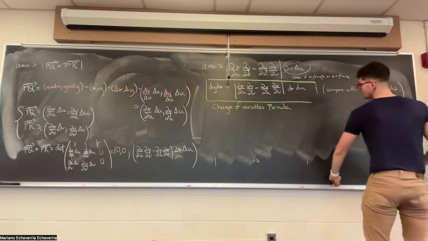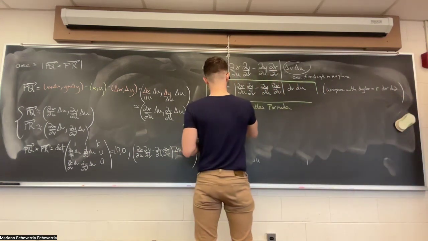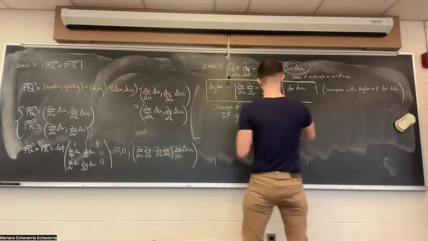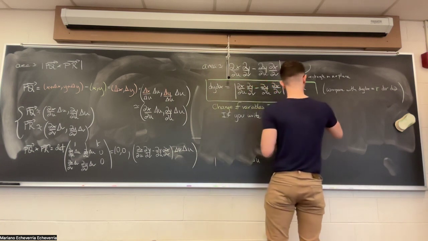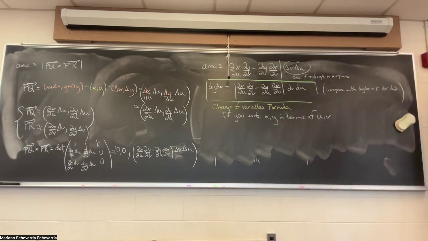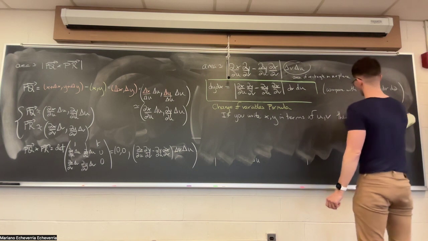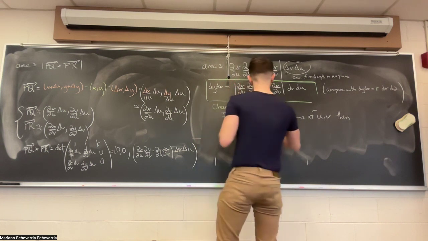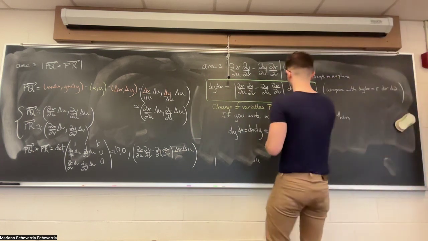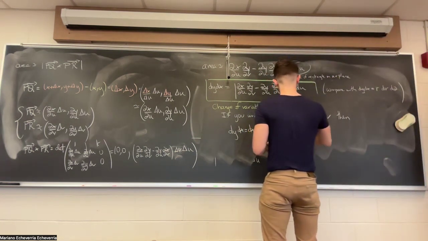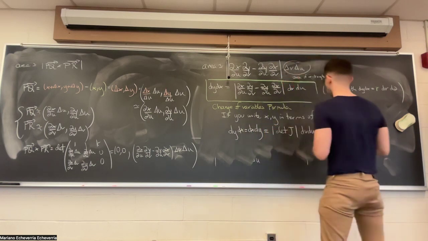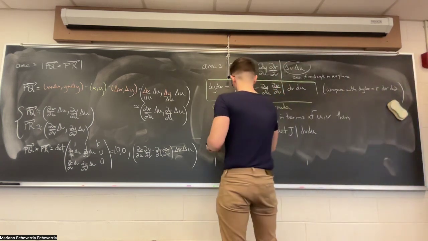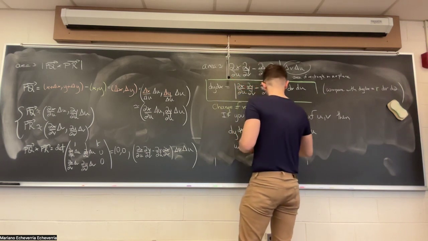If you write x, y in terms of u, v, then dy dx, which is the same as dx dy, I'll just emphasize that, becomes the absolute value of the determinant of J, where J is called the Jacobian matrix.